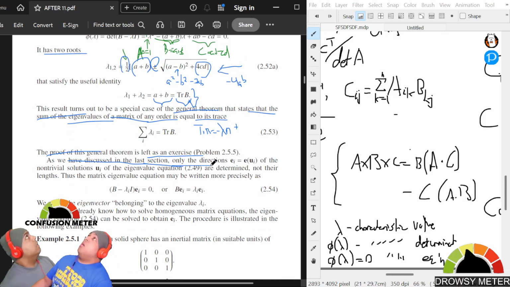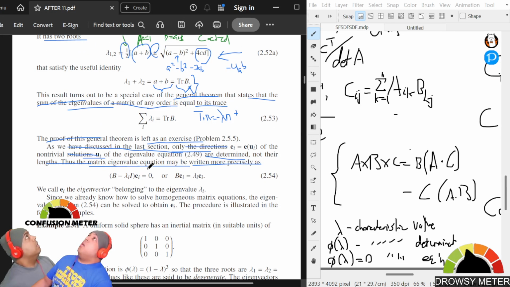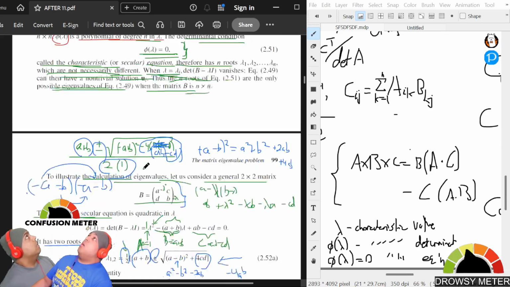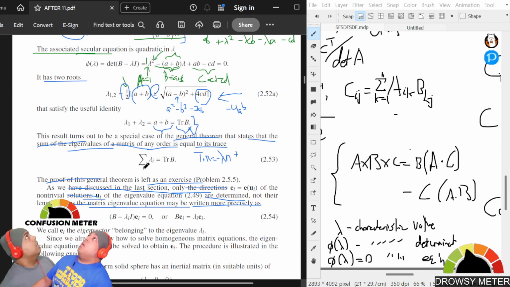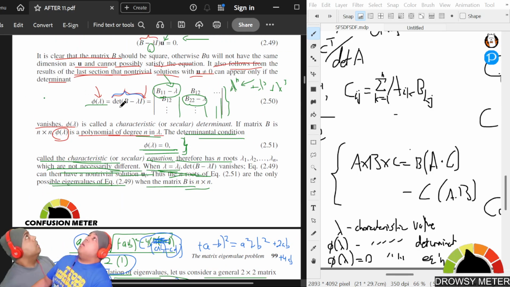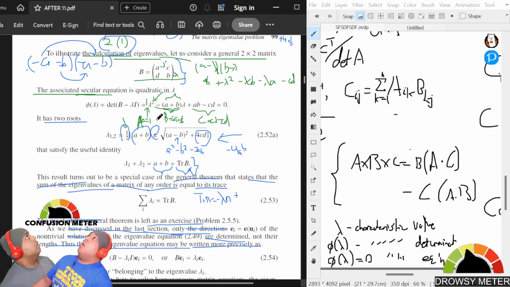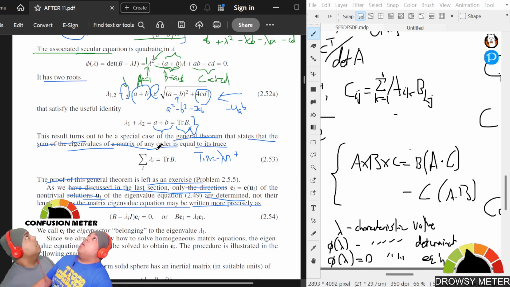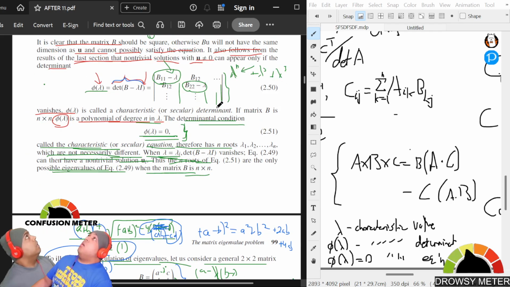As we were discussing in the last section, only the directions of the non-trivial solutions are determined, not their lengths. The eigenvalue equation may be written more precisely as this. So originally, determinant of b minus lambda I, times v, equals 0.